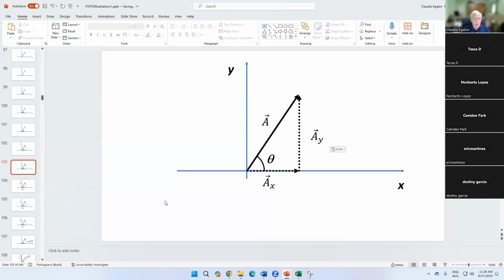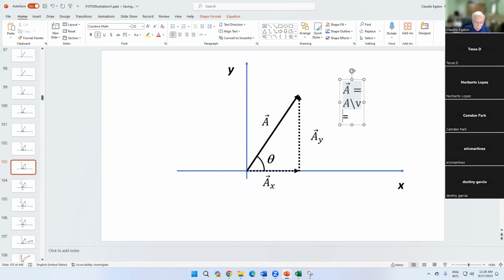And now you can write vector A as being equal to the summation of two vectors.